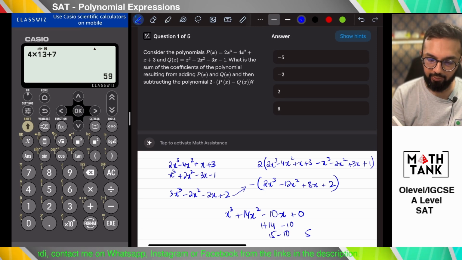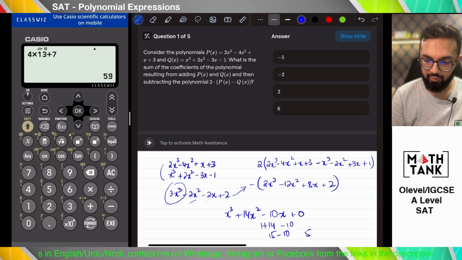Okay, so first was addition, so I get 3x cubed minus 4x minus 2x squared, so I get minus 2x squared plus x and minus 3x gives me minus 2x plus 3 and minus 1 gives me plus 2. Okay, then P(x) minus Q(x), so 2x cubed minus x cubed gives me x cubed, and then it gets multiplied with 2.